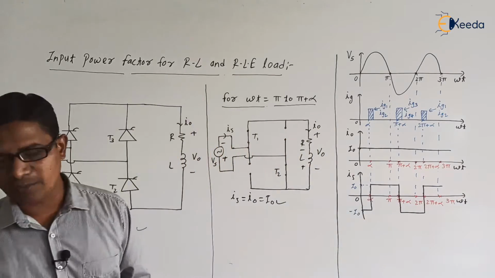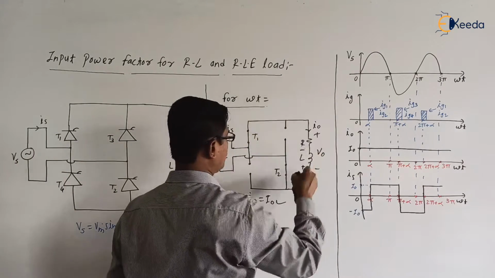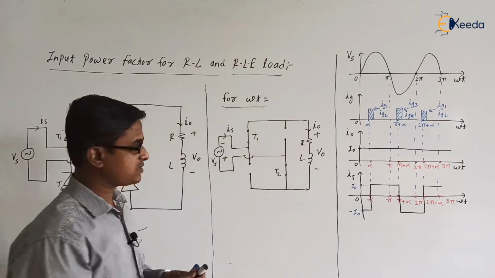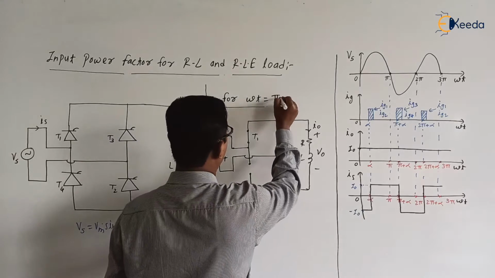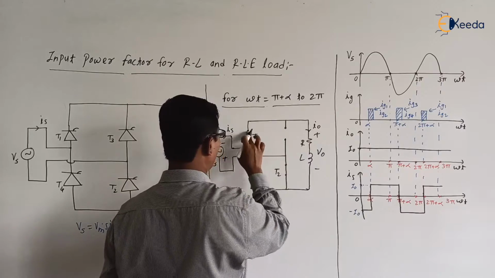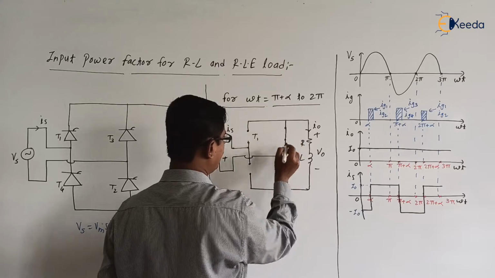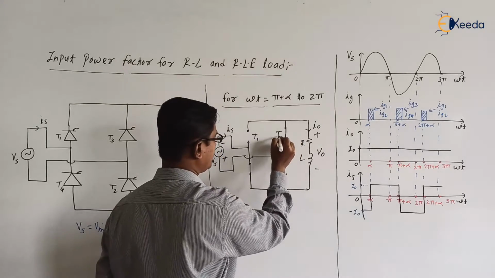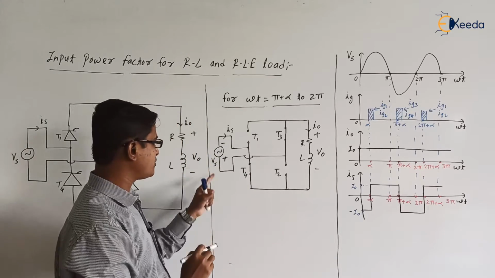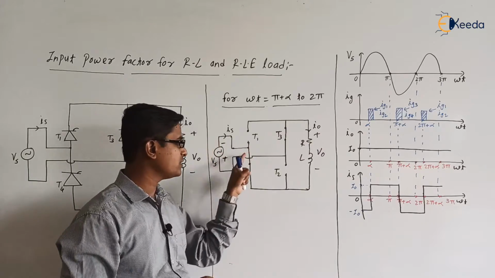Next, from pi plus alpha to 2 pi, what will happen? For omega t equal to pi plus alpha to 2 pi, thyristors T3 and T4 will be in the on state. Here it is T3, here it is T4. Current will be flowing from Vs, T3, load, T4, and again back to Vs. Are you getting the point?